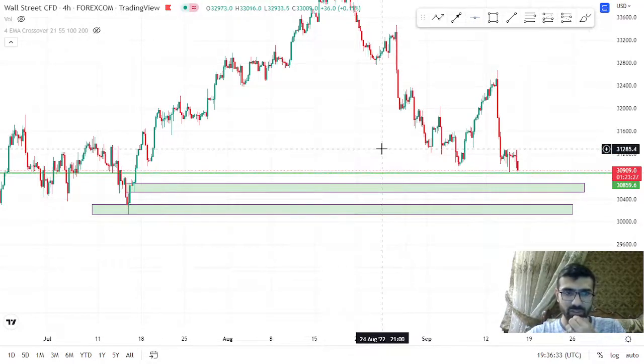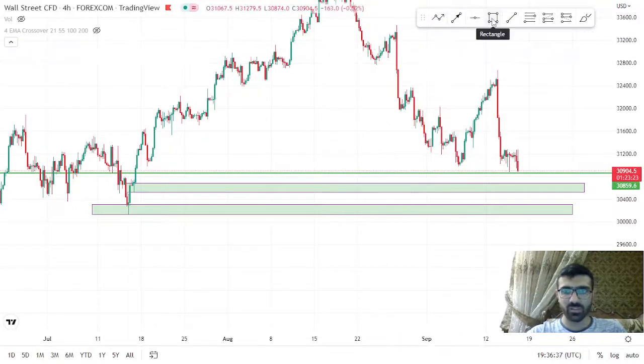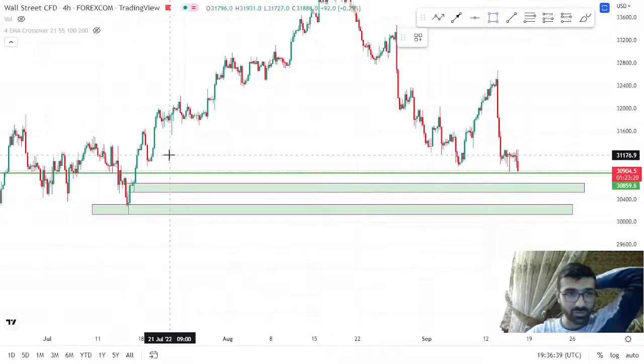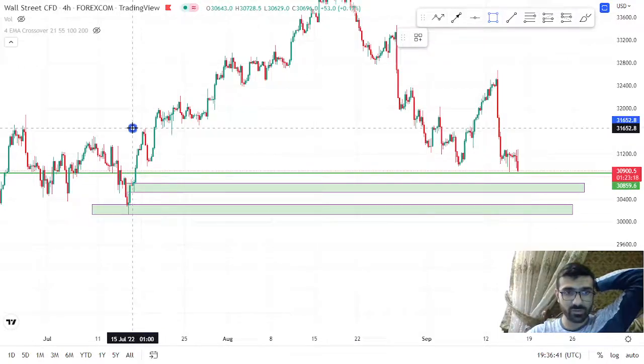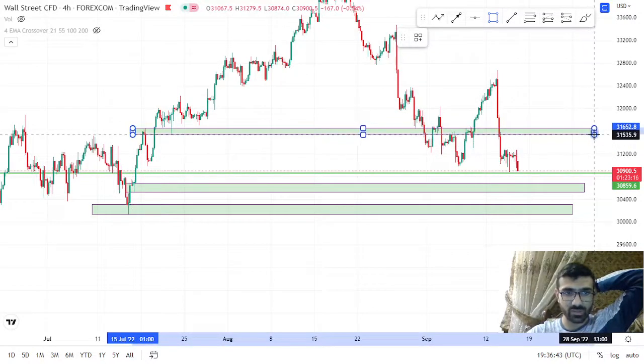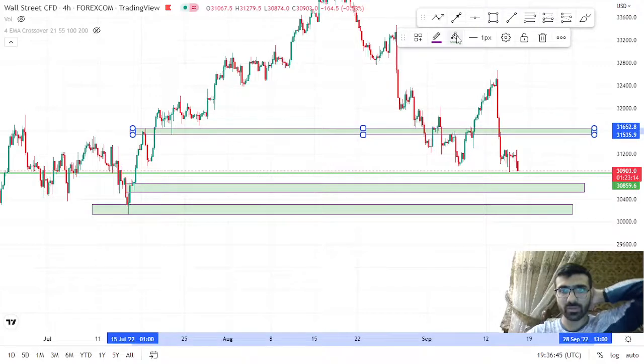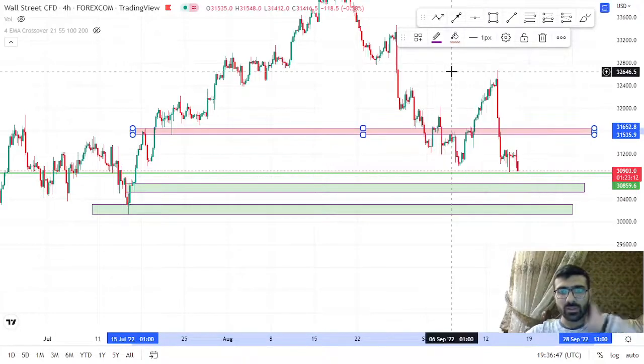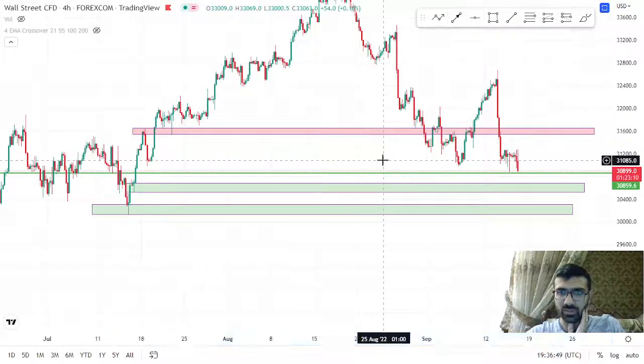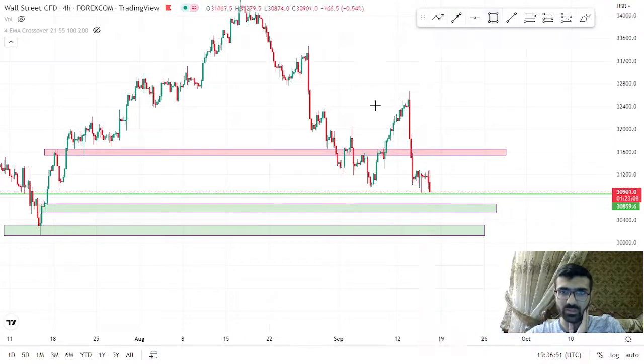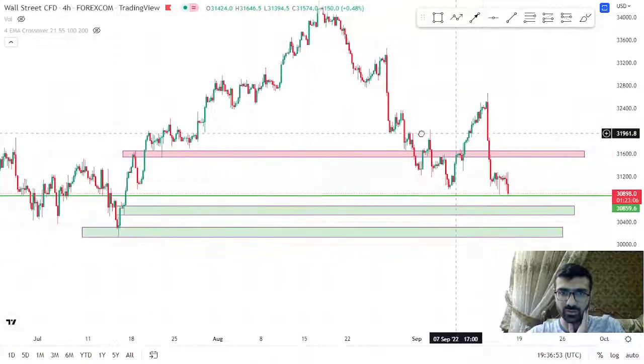Okay, market is really close over here, and now let me mark my short-term areas of resistance. Okay, so it will be this area. Okay, and after that the next area of resistance would be this.